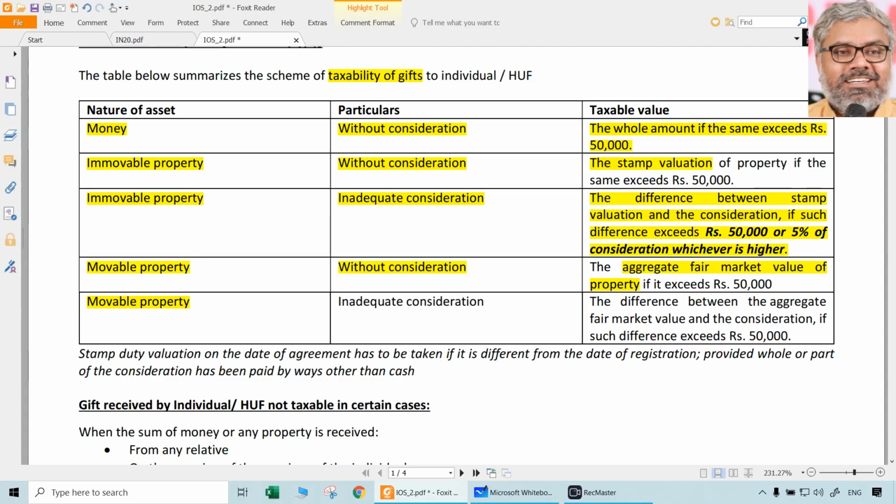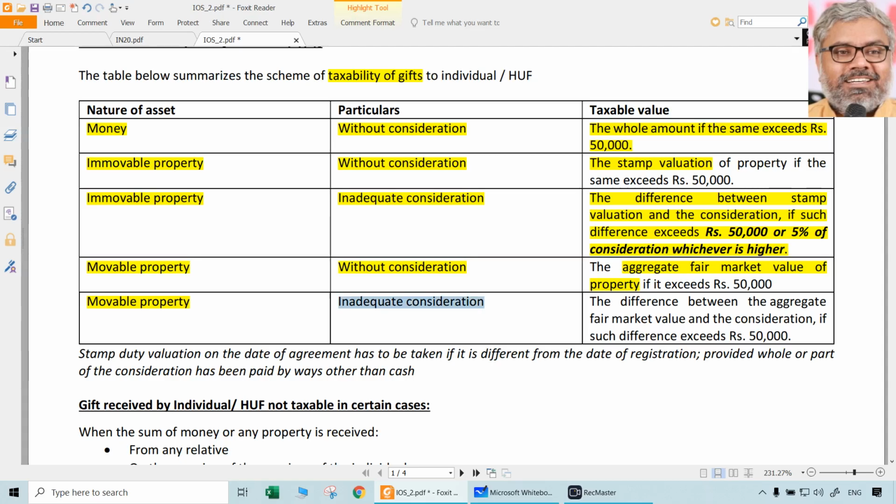Fair market value is what we have to take here. If movable property is received by an individual or HUF, which has a fair market value of more than 50,000 rupees, then the entire amount of such value will become taxable in the hands of the recipient.